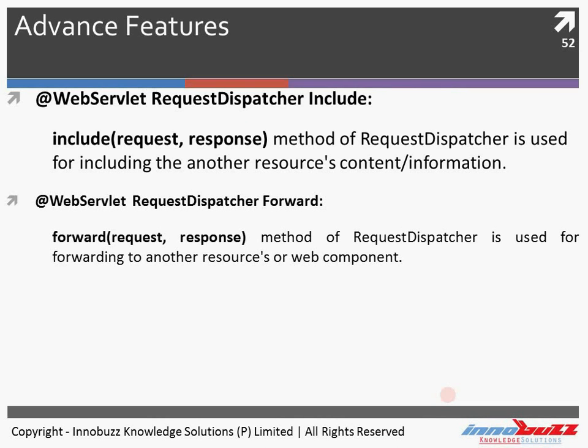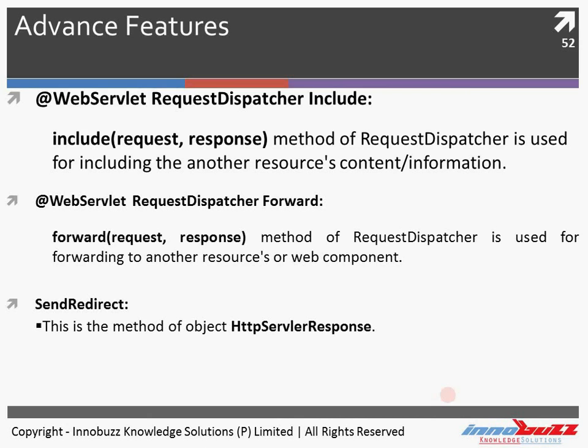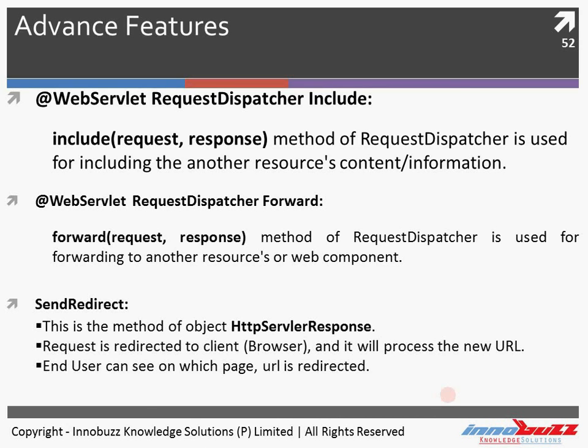There is also request dispatcher forward. This is again one more method provided by request dispatcher, which is used for forwarding to another resource or web component. And there is sendRedirect. This is the method of the HttpServletResponse object. So the request is redirected to the client and it will process the new URL.